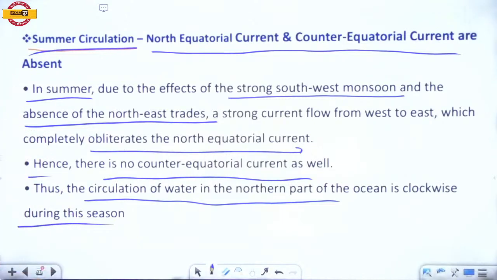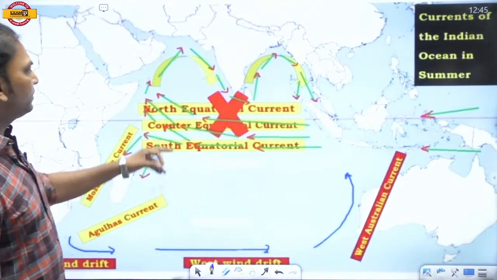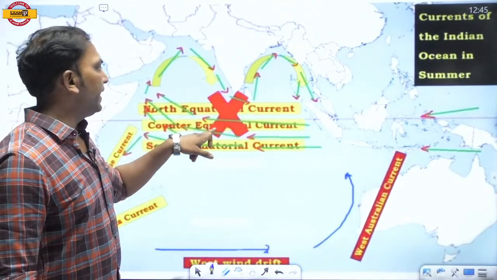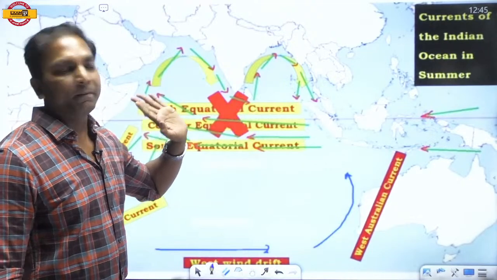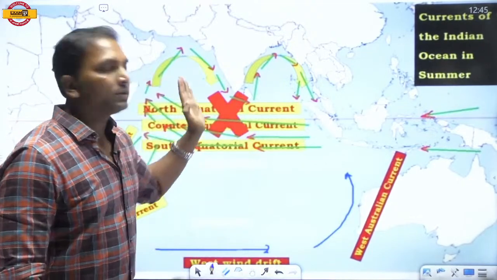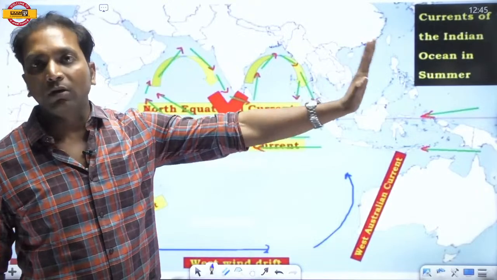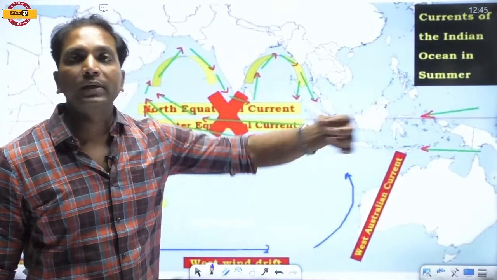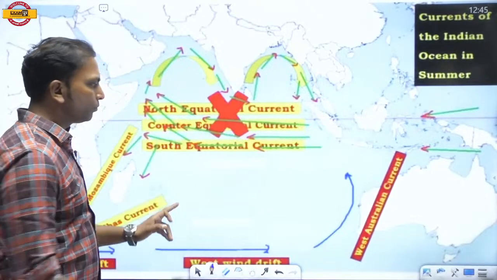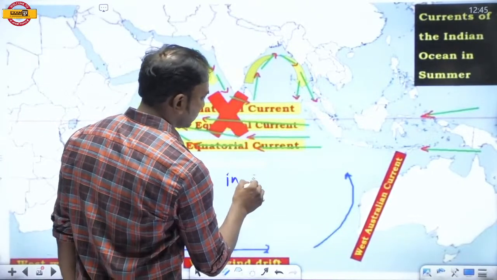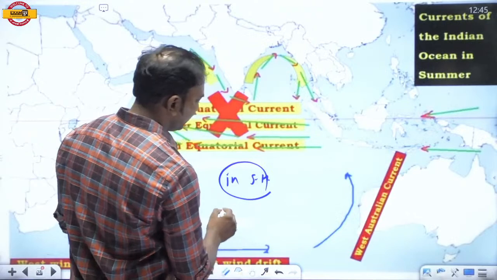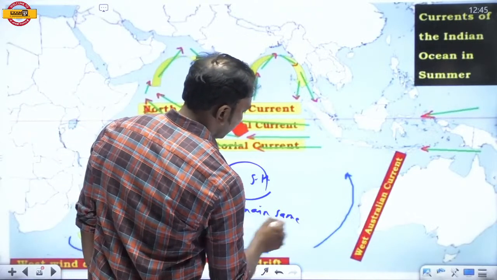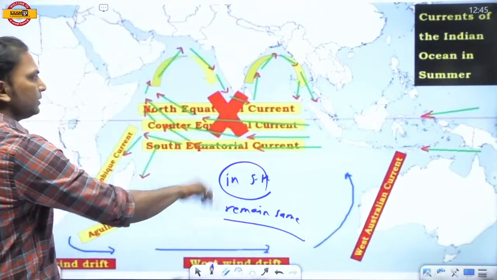Okay. So next, here you are seeing the absence of the north equatorial current and the absence of the south equatorial current. Because the winds blow from southwest to northeast, the oceanic currents also flow from southwest to northeast, but in the southern hemisphere it remains the same.